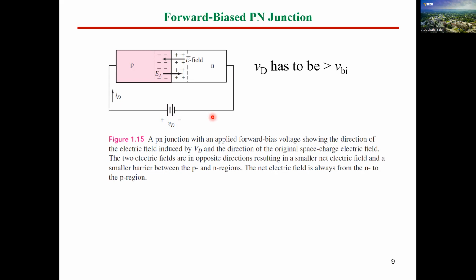The capacitance also will increase. And this means, guys, in this case, you will break your PN junction. Breaking the PN junction means you have a material allowing a current to flow as if it's just a wire.